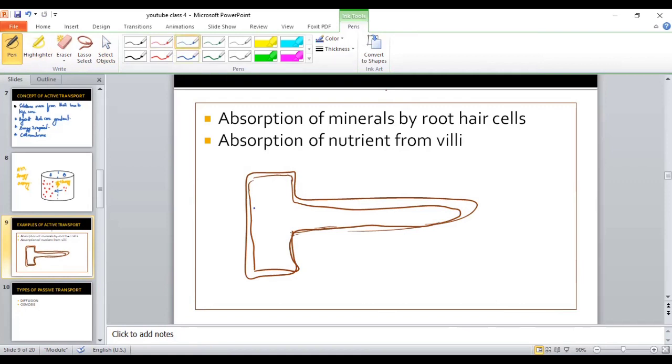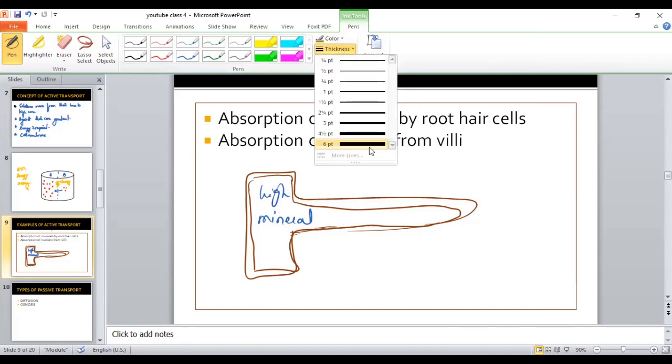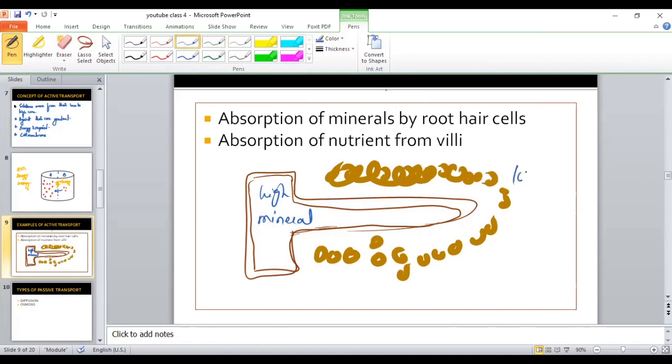But the soil particles which are surrounding it have a low concentration of minerals. But what is going on here? From the soil, minerals are moving inside. So this is an example of active transport. And for this, we need energy. So your root hair cell should have a large number of mitochondria, okay, to produce energy.